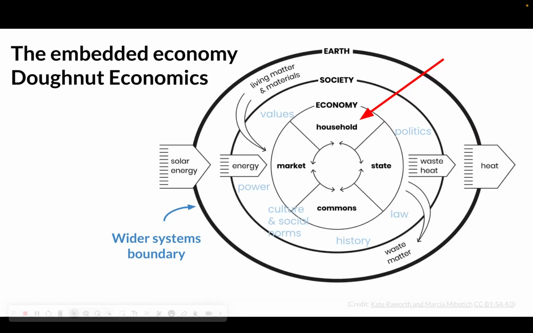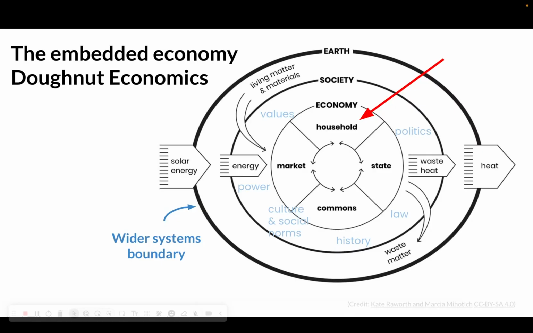The economy, including households, then sits or is embedded inside society, and therefore the values, power, culture, and social norms, history, law, and politics influence the economy, but also the way the economy functions influences those social elements as well. The economy and society then sits inside Earth systems. All economic activity uses living matter and materials and energy from Earth systems, and it produces both waste and heat that then goes on to impact those systems.